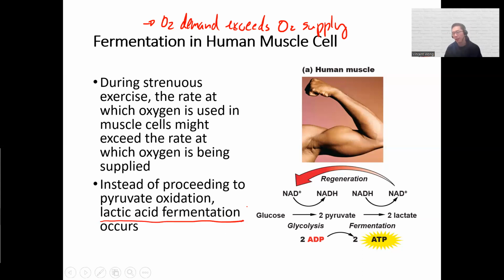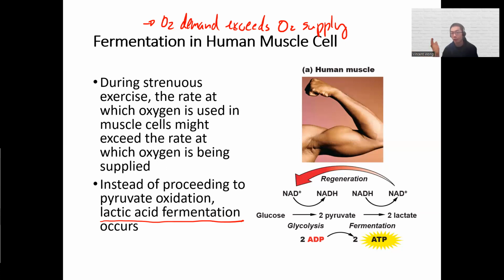Okay. Some people find it strange because when they hear the word ferment, they're thinking about making wine, letting your dough ferment a little bit to make it rise. That's another kind of fermentation. In our cells, when we don't have enough oxygen, we switch to fermentation. An example of when that could happen is you're running at full speed, okay?